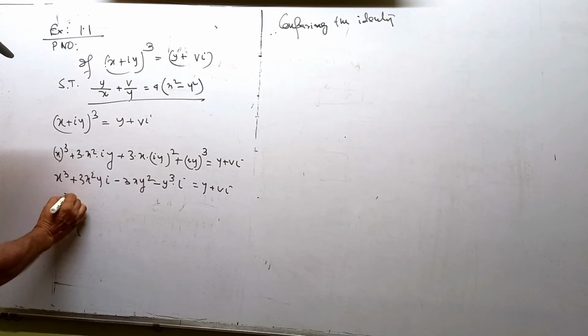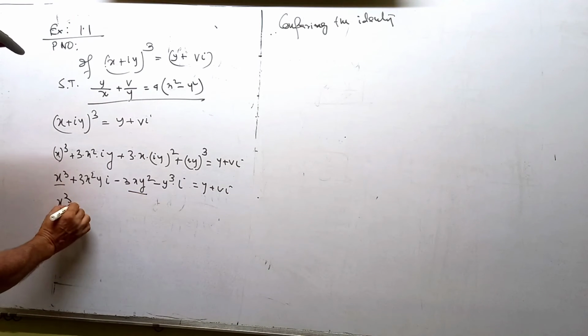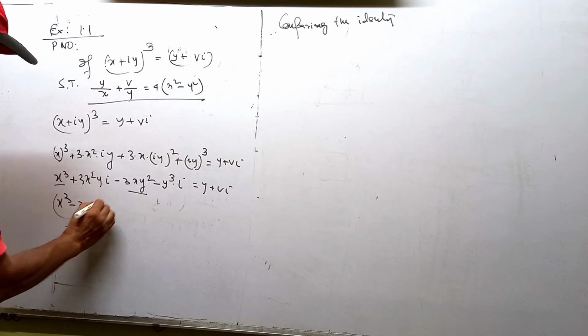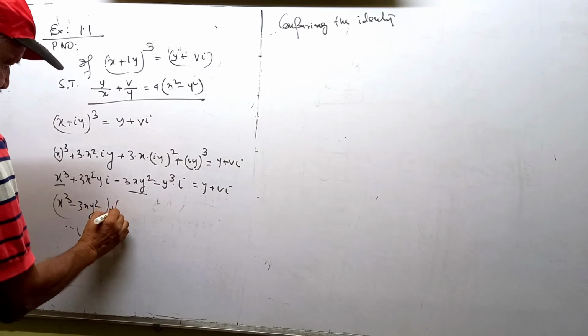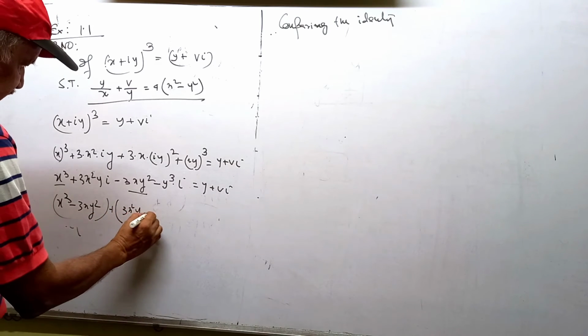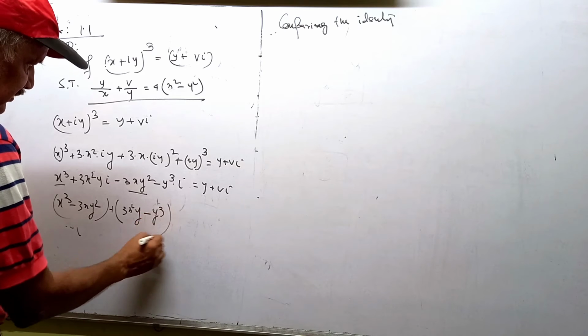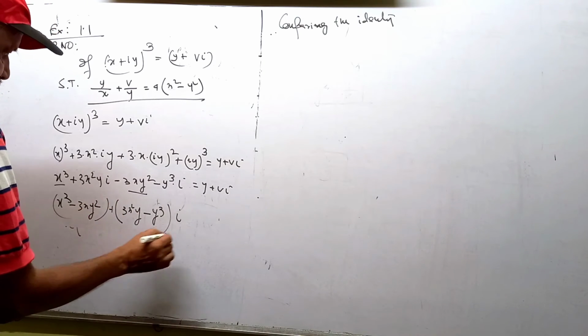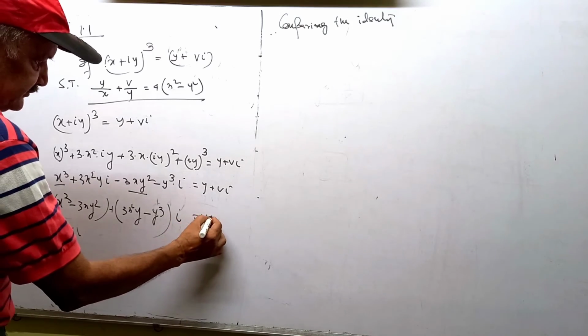Now x cube minus 3x y square is the real part in one group, and the imaginary part is 3x square y minus y cube, multiplied by i, equal to y plus vi.